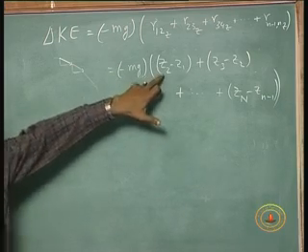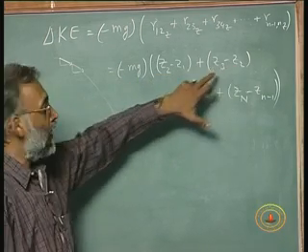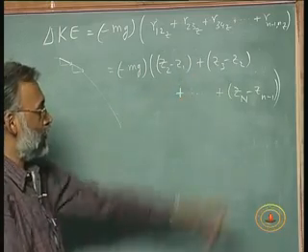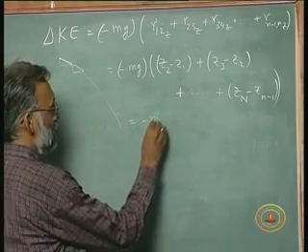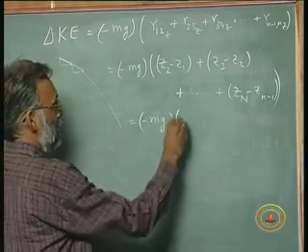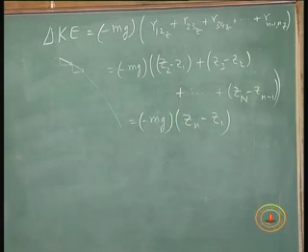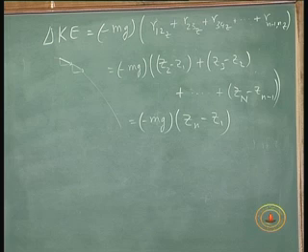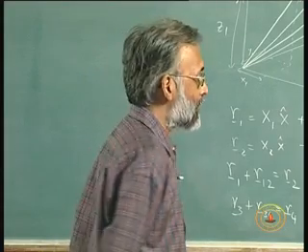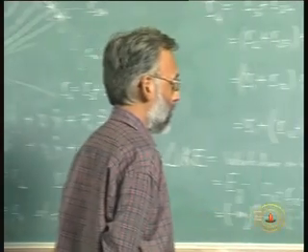And you can see that the z2 will cancel out and the z3 will cancel out, and so on and so forth. So, you are left with minus mg into (zn minus z1), which tells us what we already knew, which is that when an object falls some distance, the gain in kinetic energy is nothing but mg times the distance it falls.